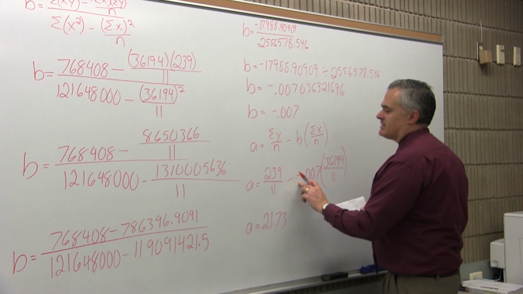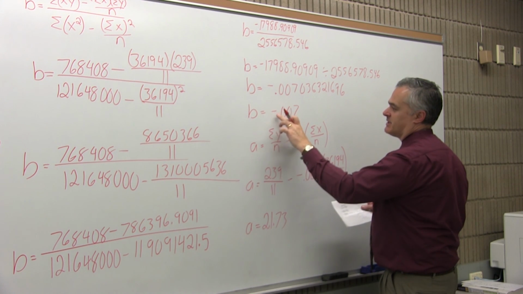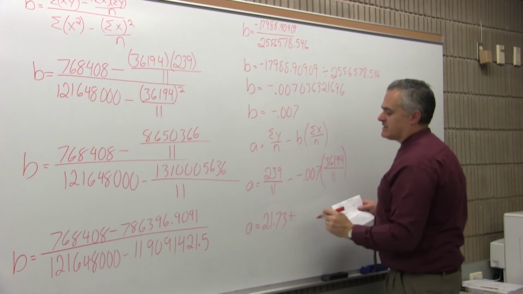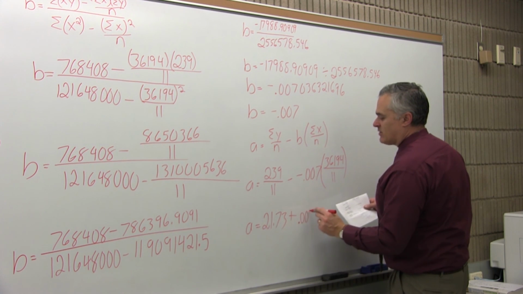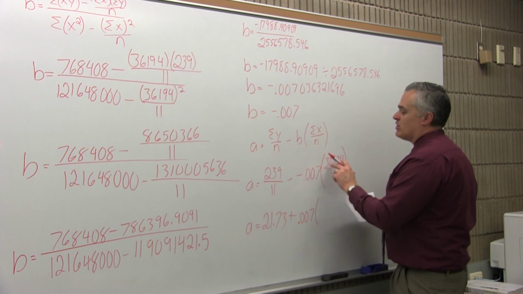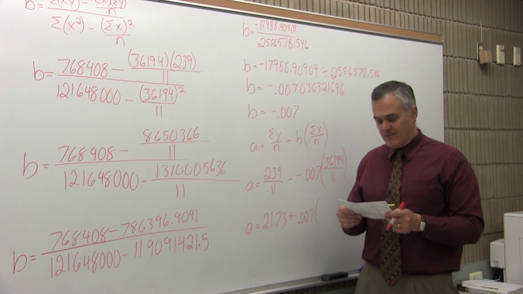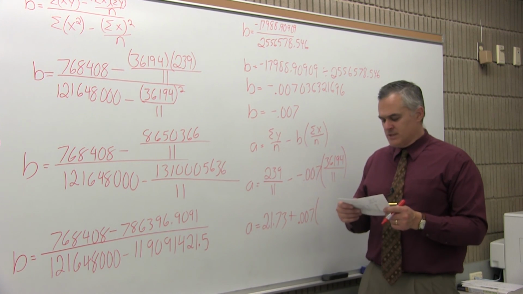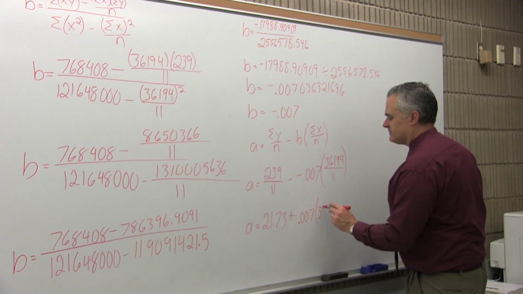This minus, again the two minuses, one minus from the formula for a, the other minus because b is a negative value. They're going to cancel and become a plus. 0.007 times 36,194 divided by 11. That comes out to 3290.36.